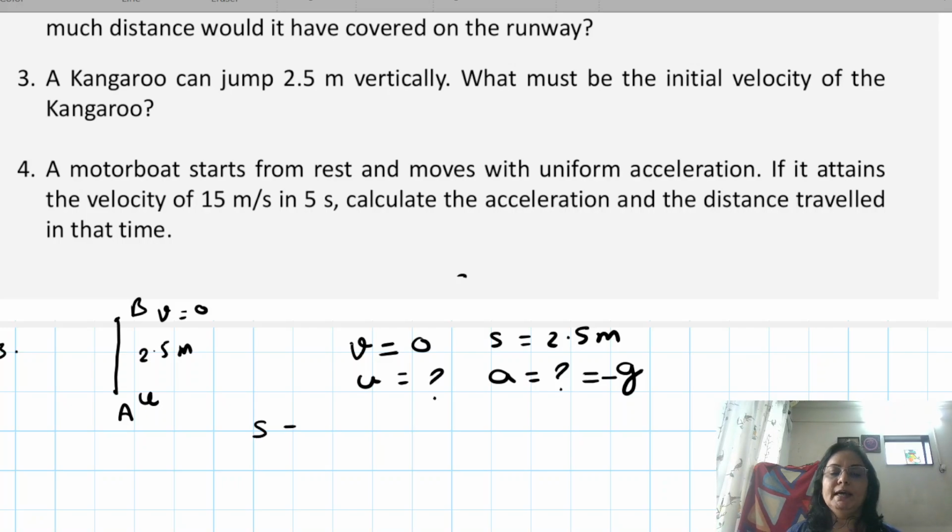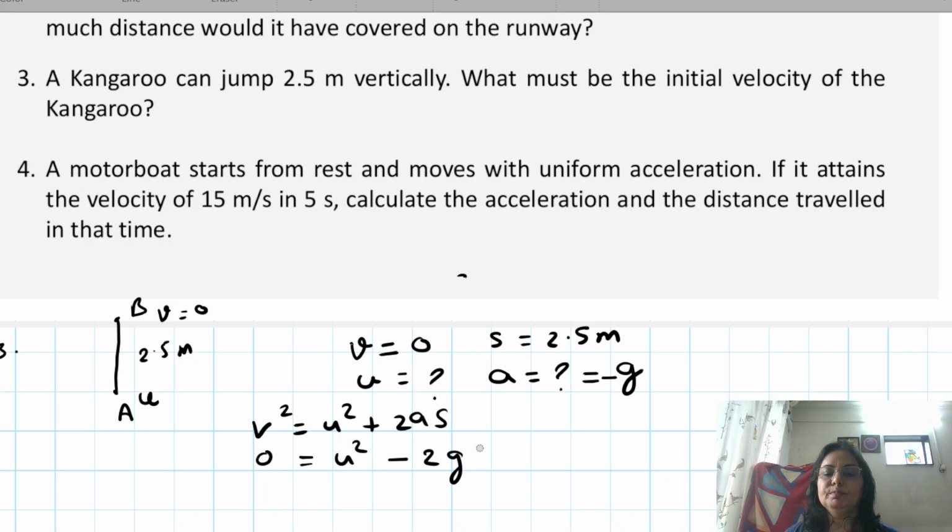So if we apply the formula, v square is equal to u square plus 2as, then we know that v is 0, so 0 is u square minus 2gs. Instead of a, we are going to put minus g, because see, it's moving up, so it is acting against the gravity. So the acceleration is opposite to the direction of velocity, negative acceleration.